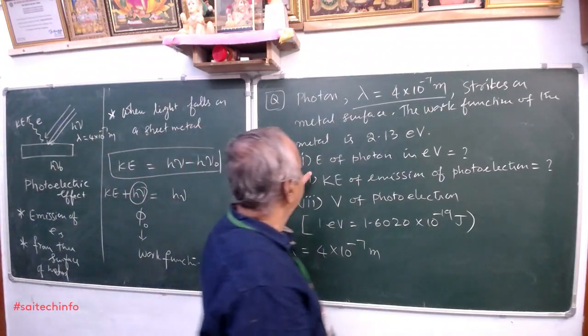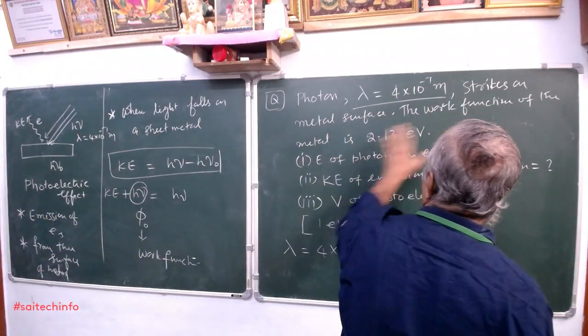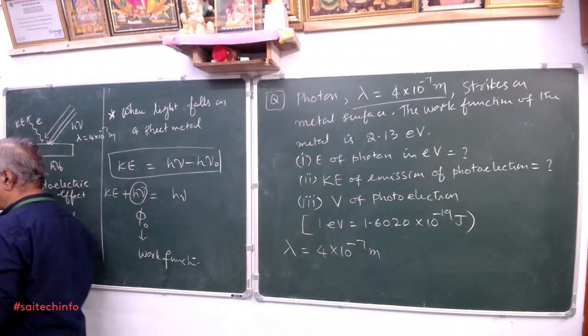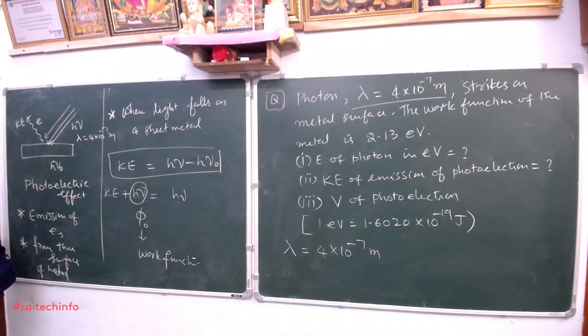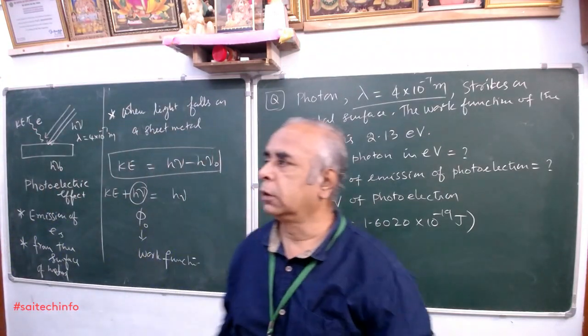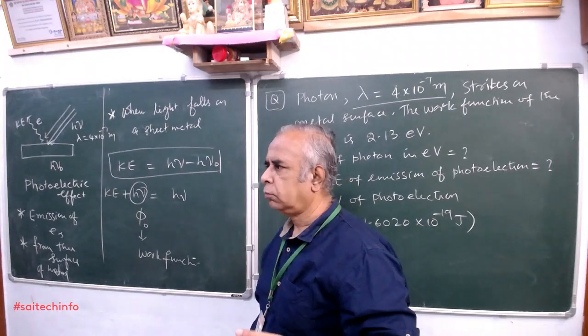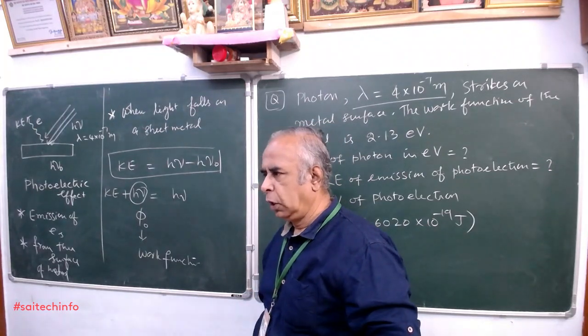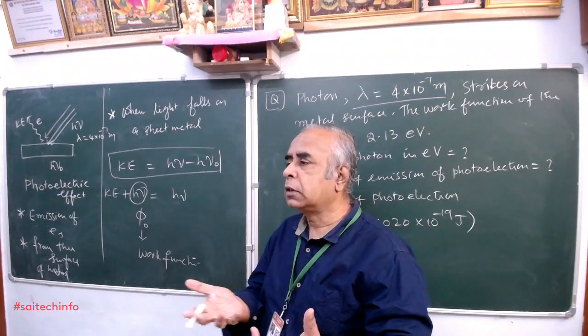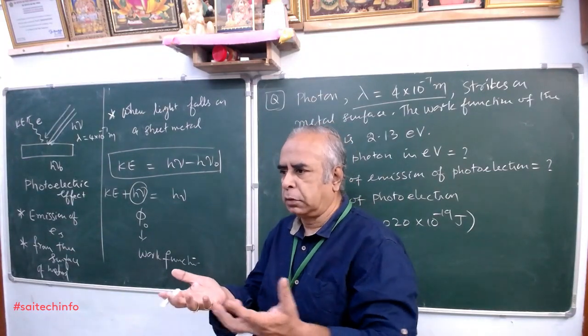And then the work function of the metal. From this, one point is very clear. The work function is the parameter of what? Not the light, but the nature of the metal. It depends on the crystal lattice, the crystal pattern of the sheet metal.